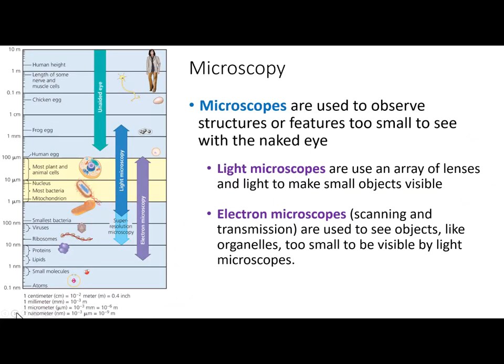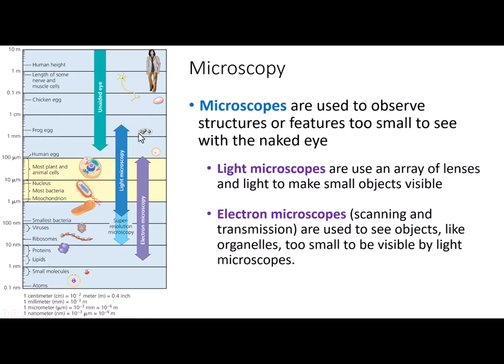Microscopy is the ability to look at things that the unaided eye cannot see. These are how many things the unaided eye can see: a chicken egg, a neuron, a human being. When we get down to close to a millimeter or less, we need light microscopy to view those items.